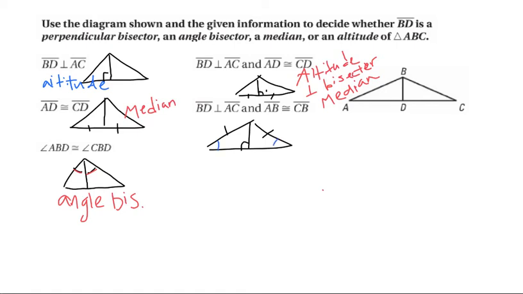And now we have enough to say that it's the angle bisector, since we know that there's this side in the center that is the same in both of those 2 triangles. Sorry, there was a little mistake there. Then we know that these 2 triangles will be congruent, so then the 3rd side is also congruent. So then we also have an altitude, we also have a perpendicular bisector, we also have a median.